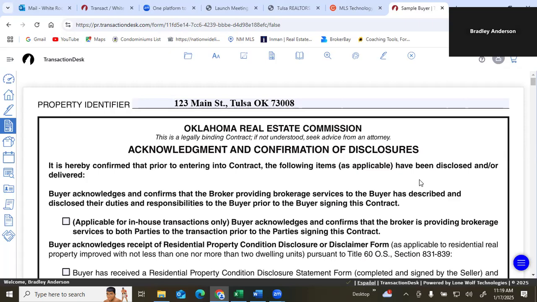So the very first item in the contract process is our OREC acknowledgement of and confirmation of disclosures.